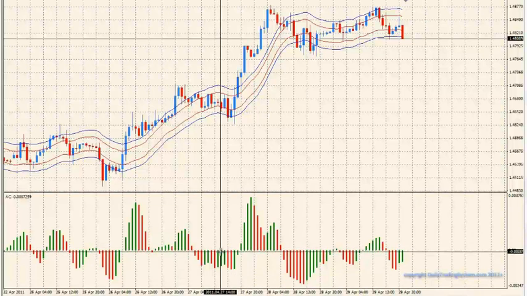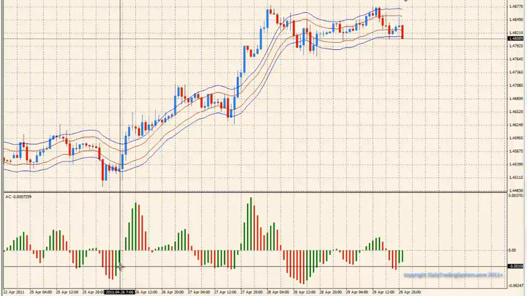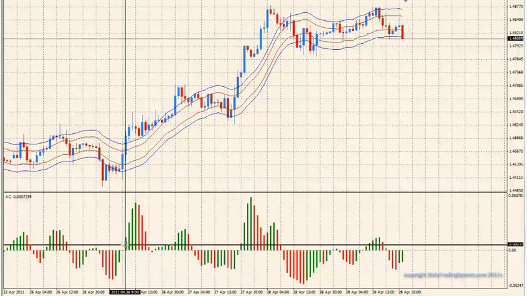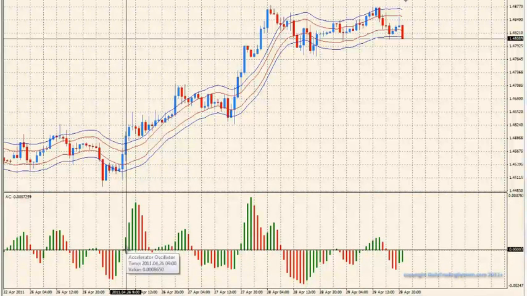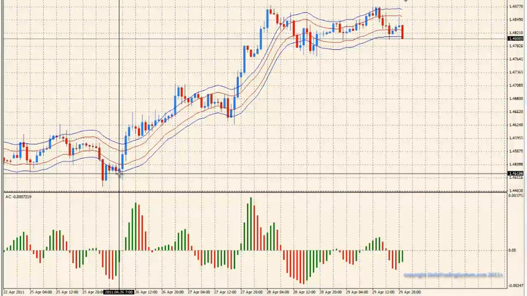Anytime you see these green bars come below, give yourself a heads up to say, this might not turn out into a profitable trade, or you might not get so much out of that trade. When the bar on the Accelerator Oscillator goes above the vertical scale and lines up with the close here, then that's a pretty good trade.